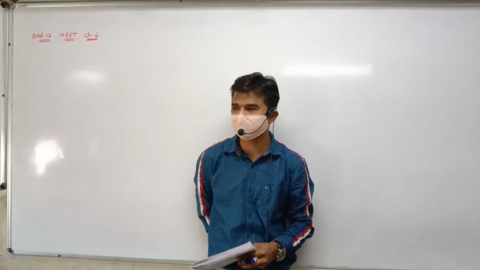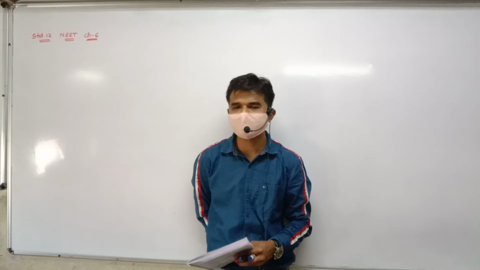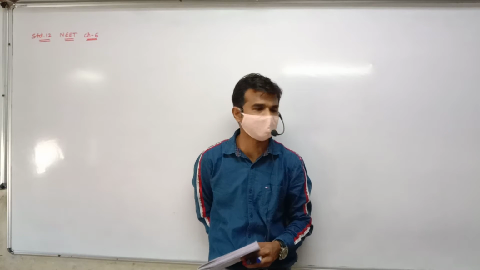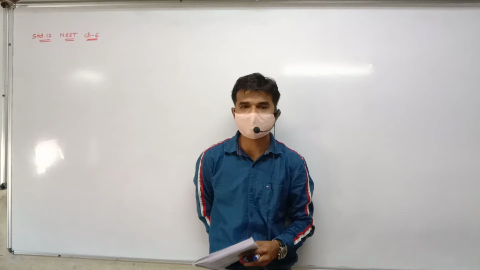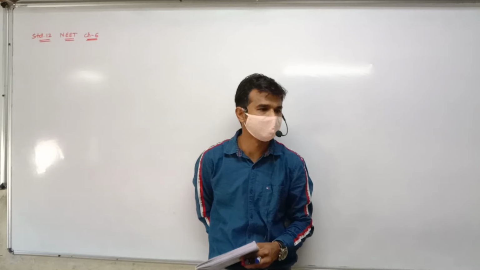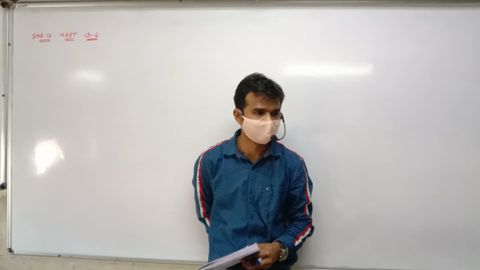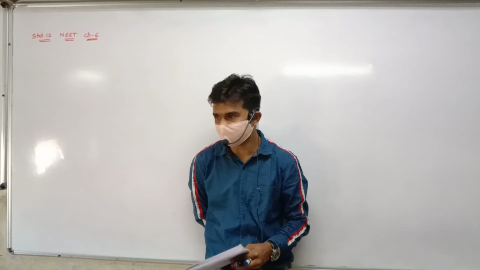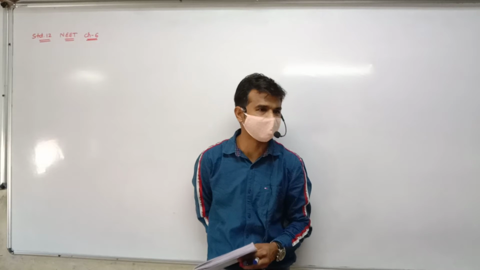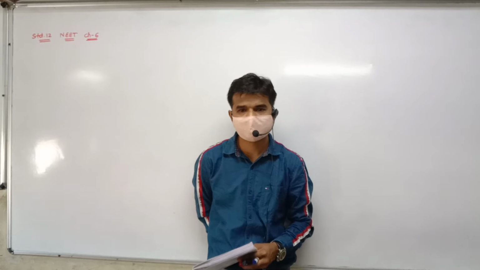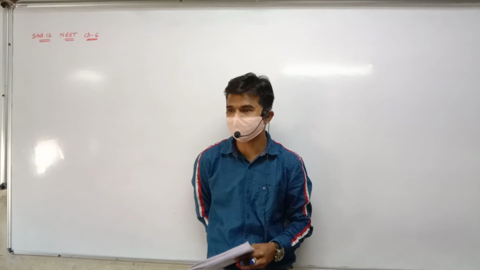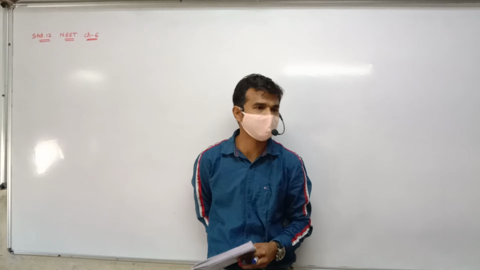And in protein, amino acids are there, and some amino acids contain sulfur. As you know, the sulfur-containing amino acids are cysteine and methionine. So here the sulfur becomes radioactive in the protein molecule.